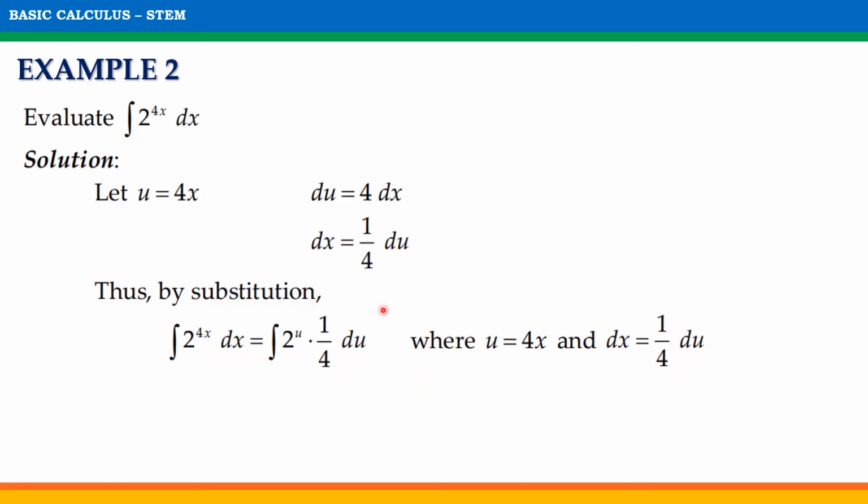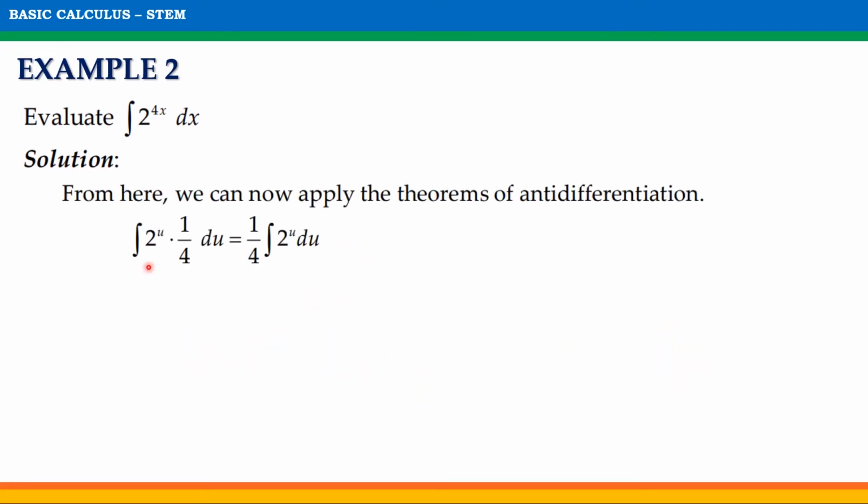Now, we will be using this for the anti-differentiation. The indefinite integral of 2 raised to u times 1/4 du is equal to 1/4 times the indefinite integral of 2 raised to u du. Solving the indefinite integral of 2 raised to u du, we will have 2 raised to u divided by ln 2 times 1/4 plus c.